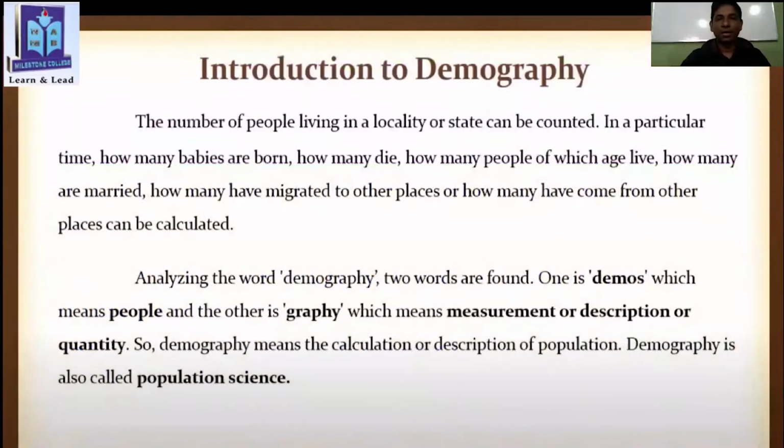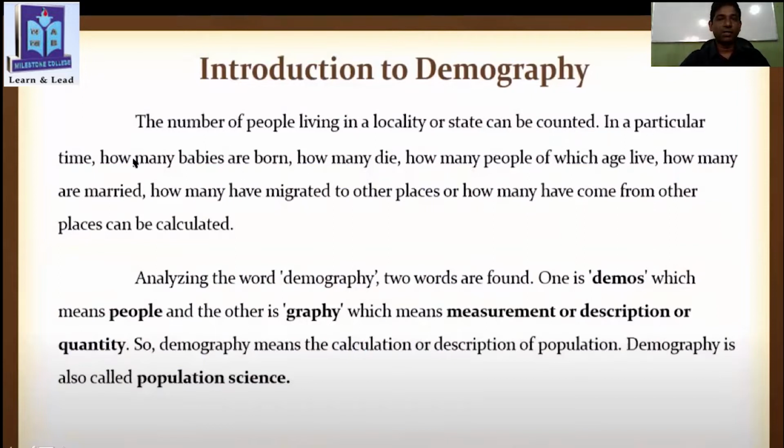Okay, here is your book. The first lesson you can see is introduction to demography. So students, you must give attention here. What is demography? Here you can see the number of people living in a locality or state can be counted.